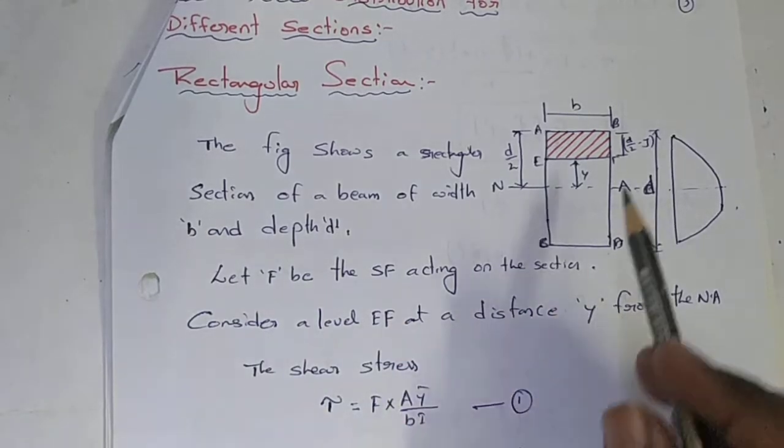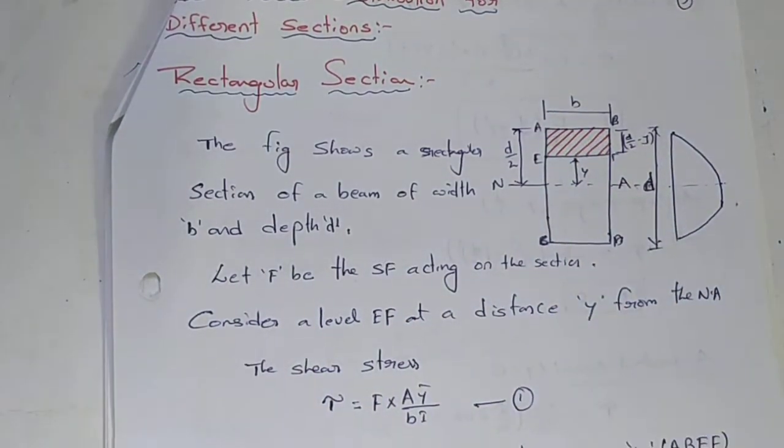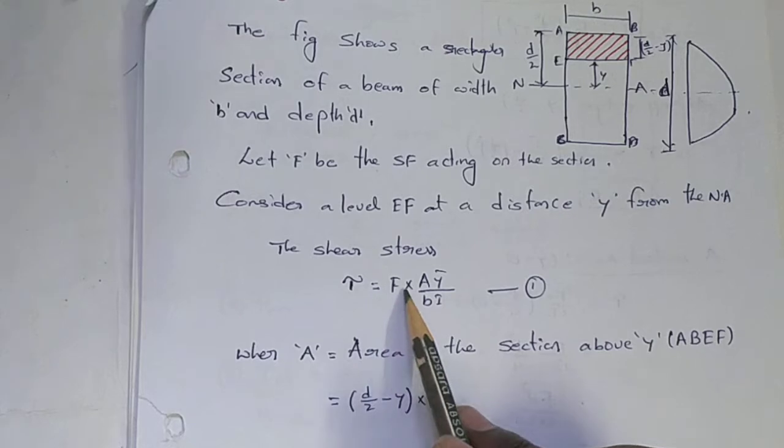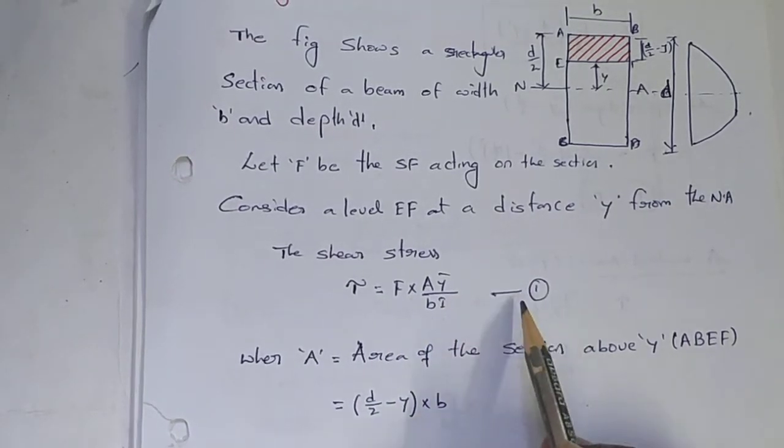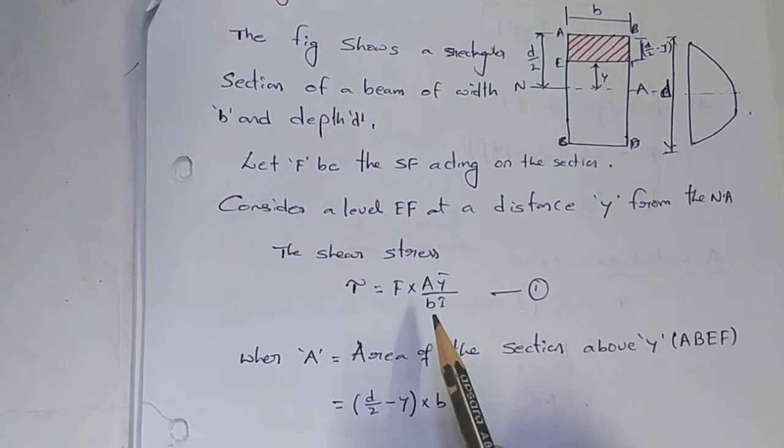Next, the area of this element. We know the formula, tau is equal to F into A into Y bar by BI. We calculated this in the previous derivation of shear stress for any cross section.